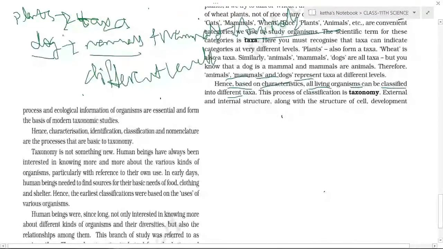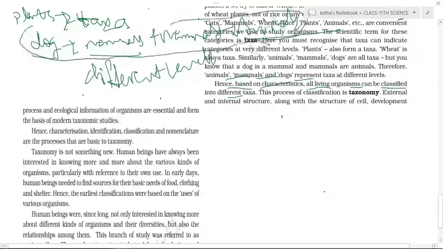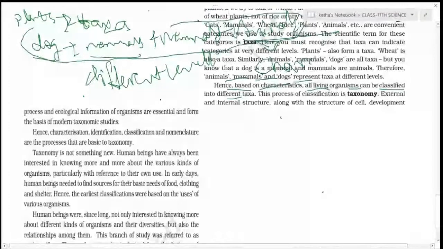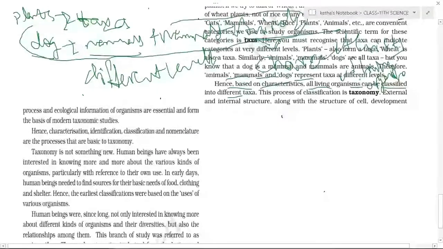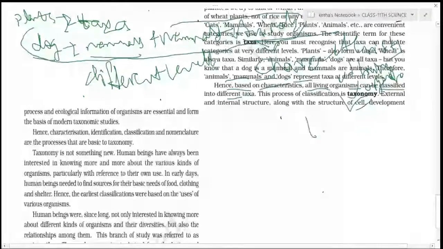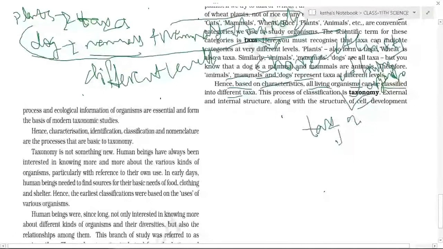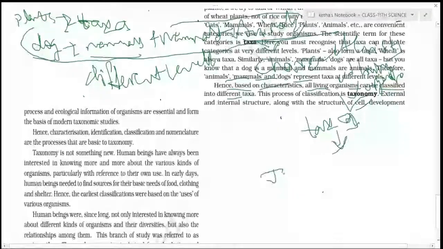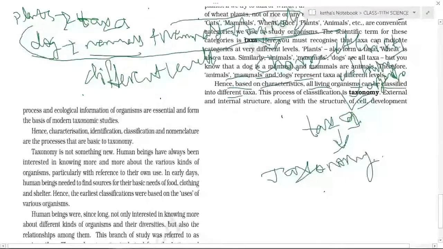These are different characteristics of living organisms, which we can classify under a taxon. This process we will be calling taxonomy.